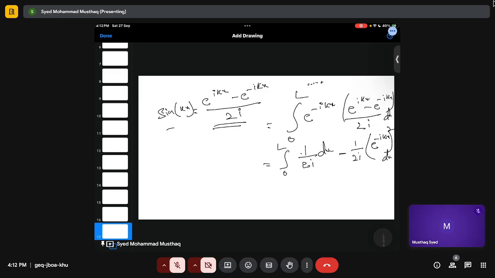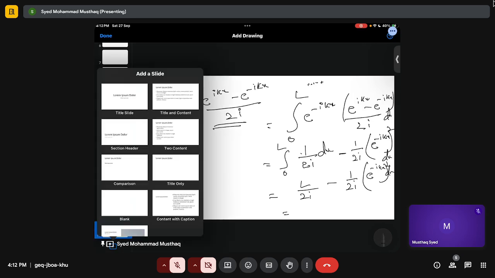Then from here it is simple, right? So I have 1 by 2i and then 1 by 2i, so it will turn out to be, what is my kx, right?